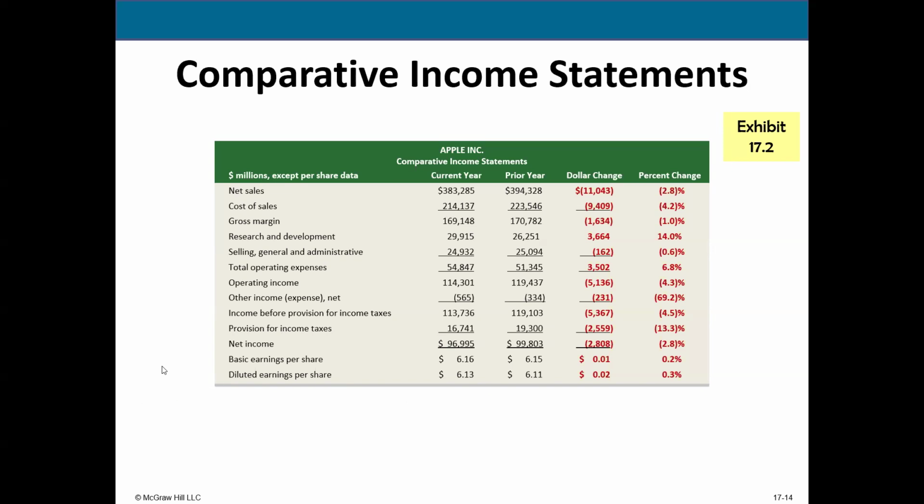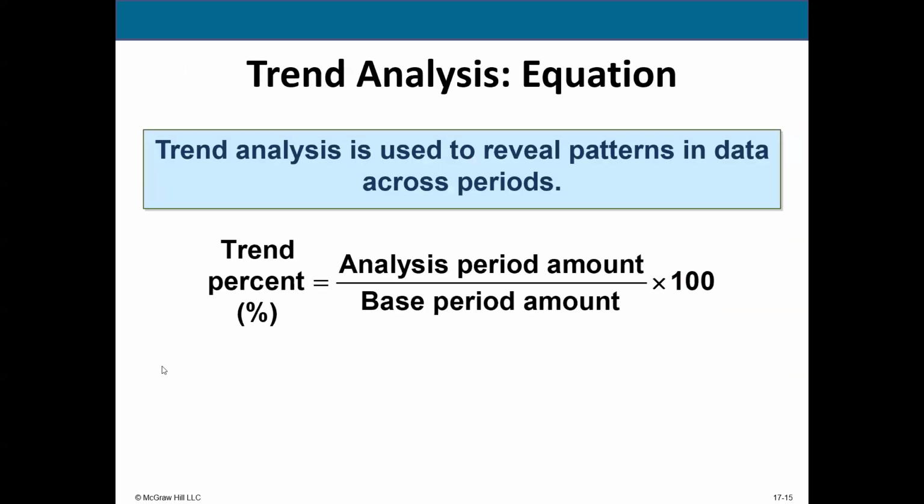If we looked at more than just 2 years, we could compute what we call a trend analysis to look over several years of data. Now, a lot of times within a 10-K report, which is an annual filing, companies provide the most recent 3 years of data.